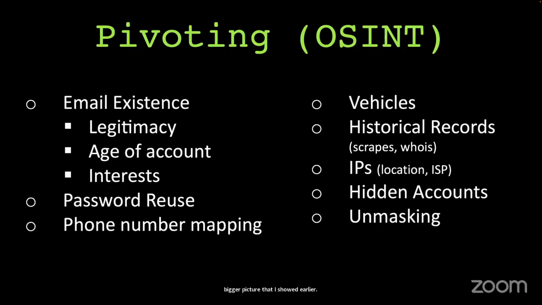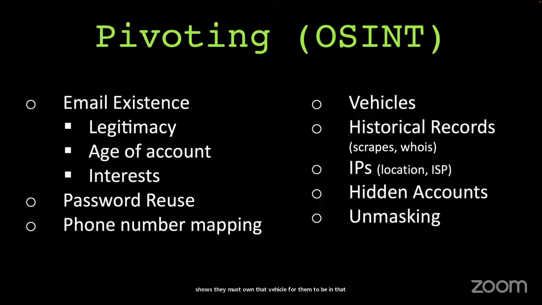And again, the purpose is to pivot. Things like just the existence of an email address can show legitimacy, can show the age of an account. If an account has a MySpace email address, and a lot of them are part of the MySpace breach, you know this person is maybe not young. They've been around the internet for a while. It can show interests. I had a person whose email address was in an Audi.com data breach or a BMW data breach or whatnot. It shows they must own that vehicle for them to be in that data breach.